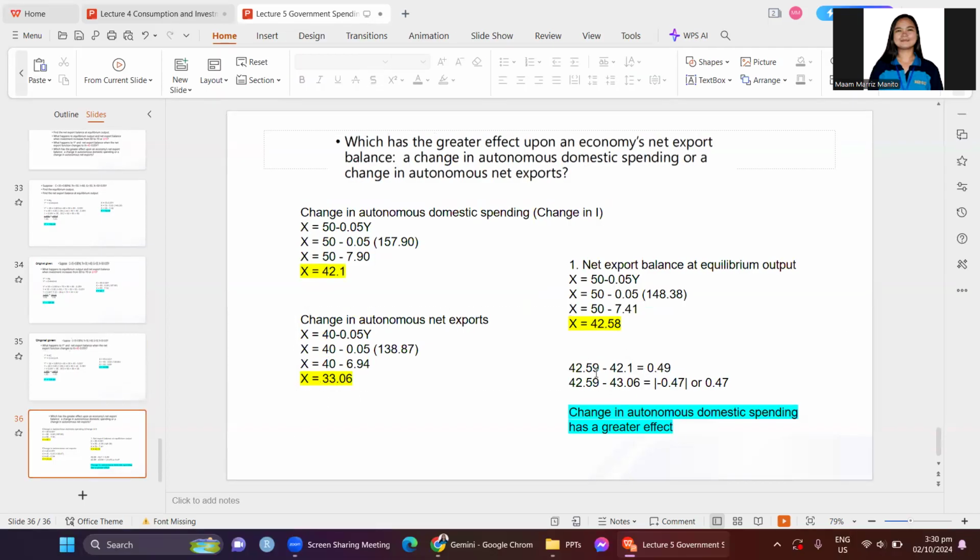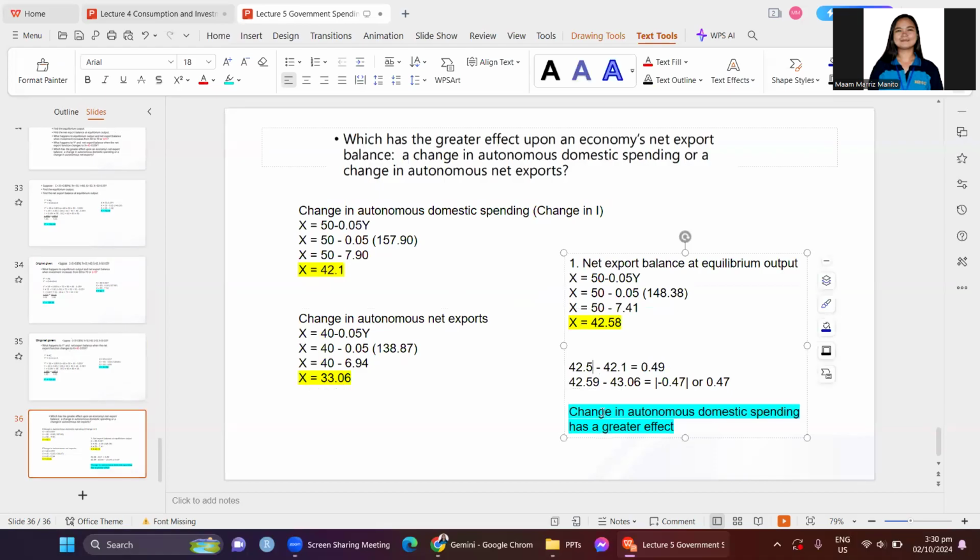Okay. So how can we calculate which one has a greater effect? We'll just simply subtract the original net export balance at equilibrium output from the net export balance when there are changes. So that's 42.58, subtract 42.1.